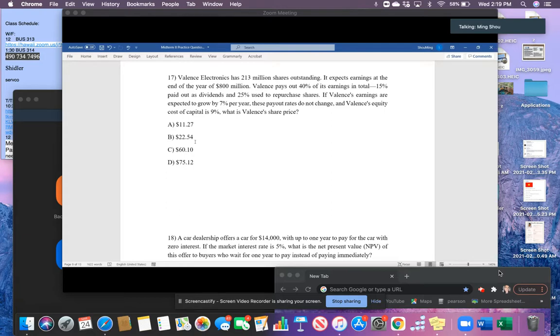We first calculate the total equity value. It will equal the total earnings, $800 million, multiplied by the payout rate equal to 40%.